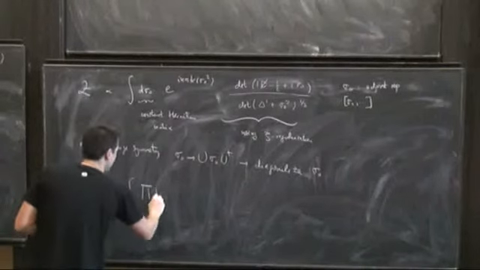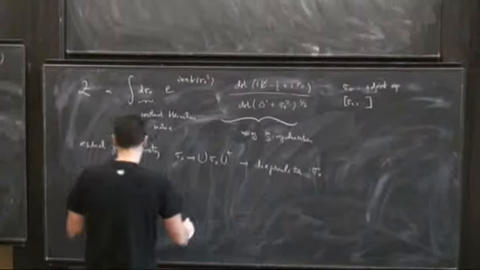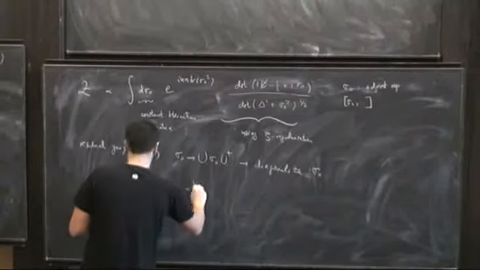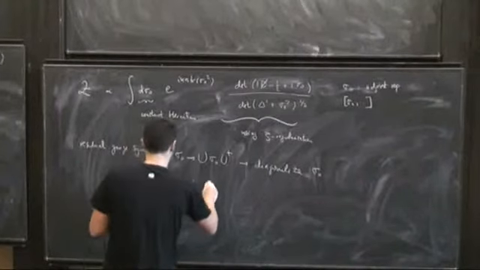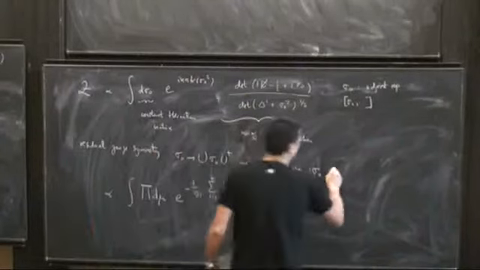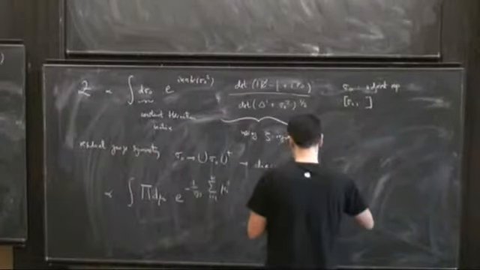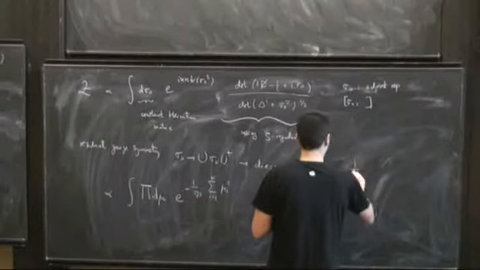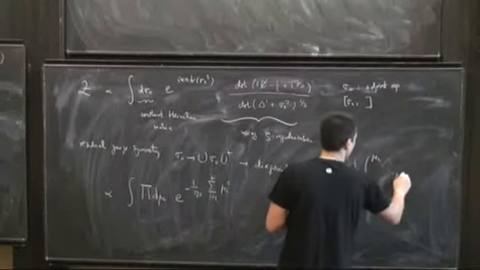Let me change my variable to nu. So the nu here minus 1 over 2 g_s sigma mu I squared. So here I'm going to essentially write this as 1 over 2 pi, mu 1 to mu n.